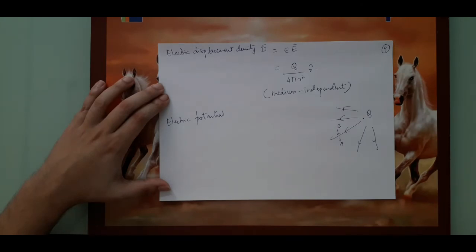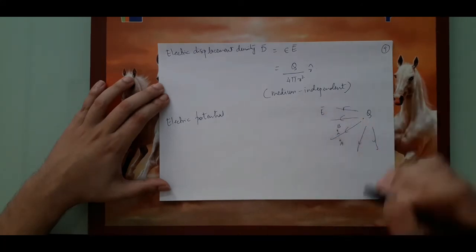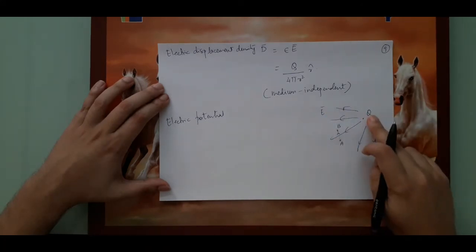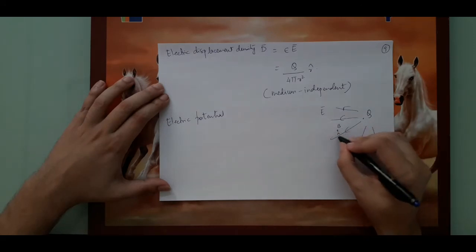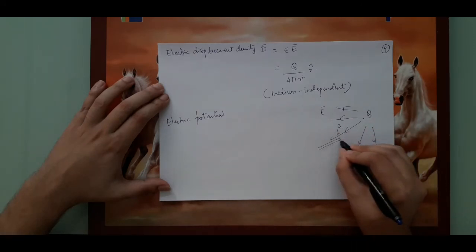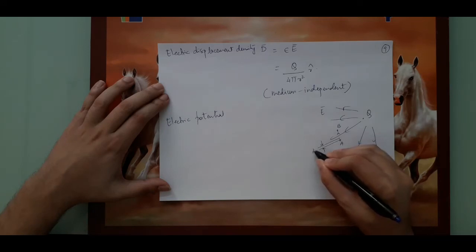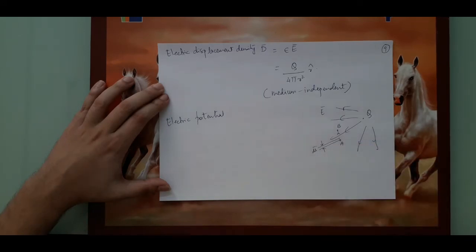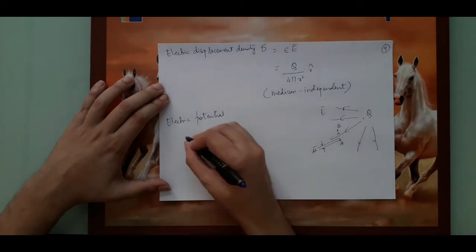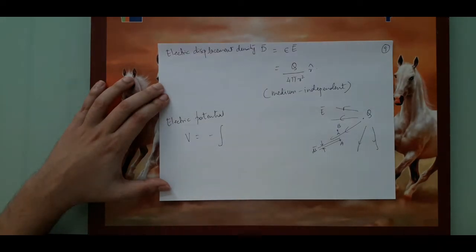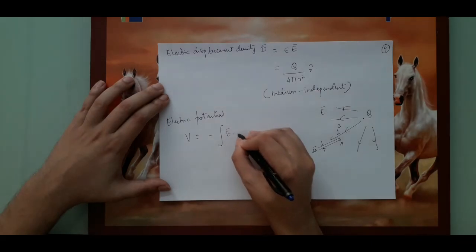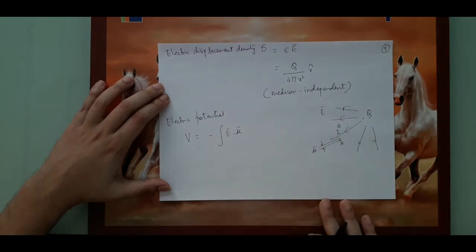So if the electric field because of Q is E, and I am defining a small length element dl, which is again a vector, the electric potential V is nothing but the integral of the dot product of the two.